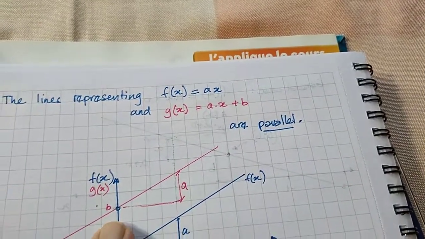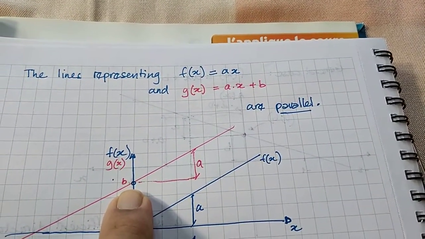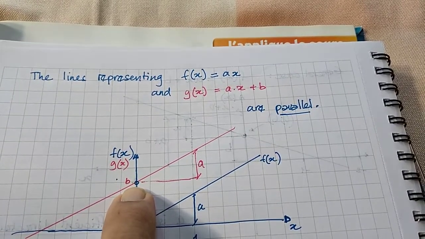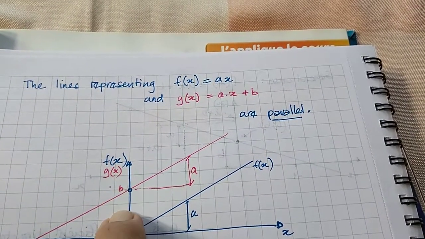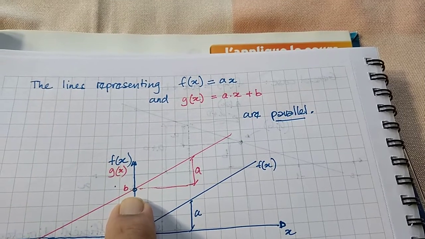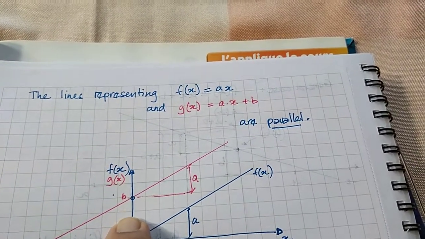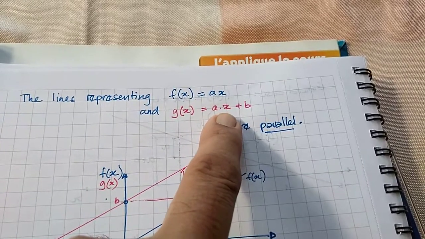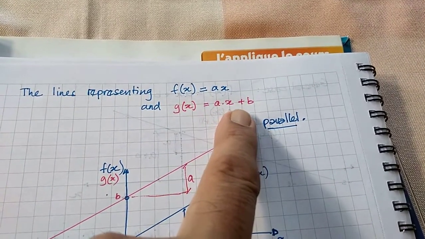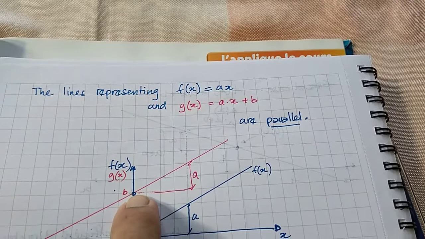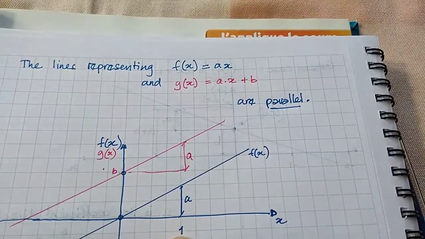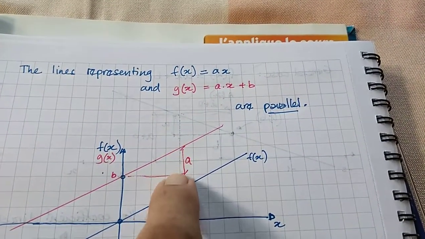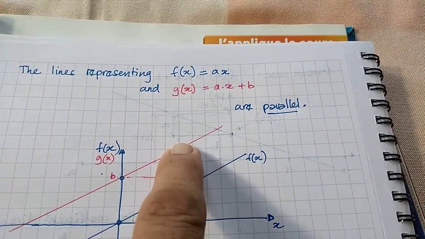So it passes through b here, correct? I have drawn it in red because this is the intercept. What is it in French? Ordonnée à l'origine, because when x is equal to 0, then g of x is equal to b, that is this point. And when x is equal to 1, this point is equal to a plus b.